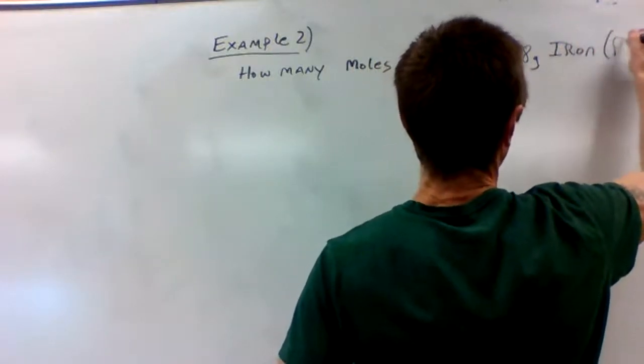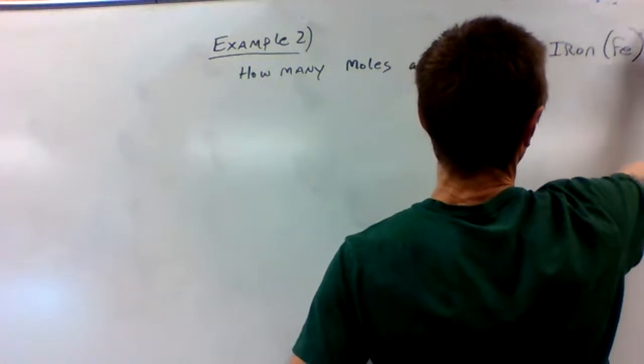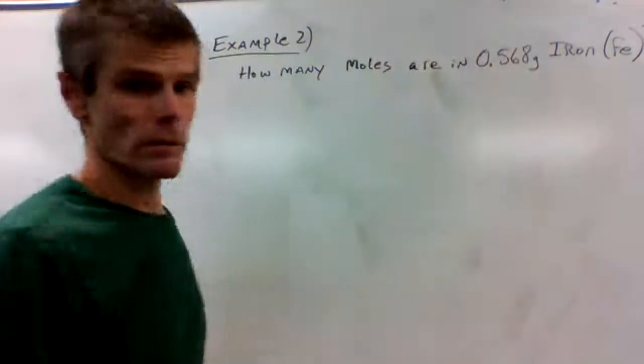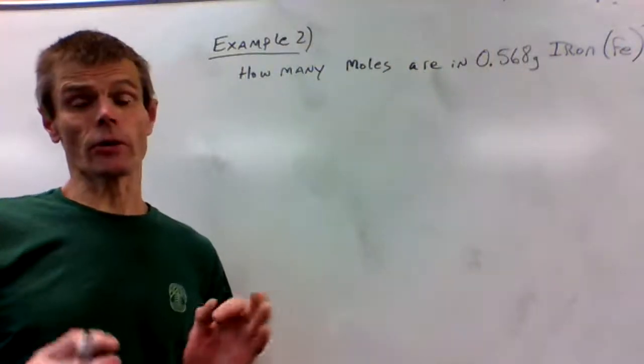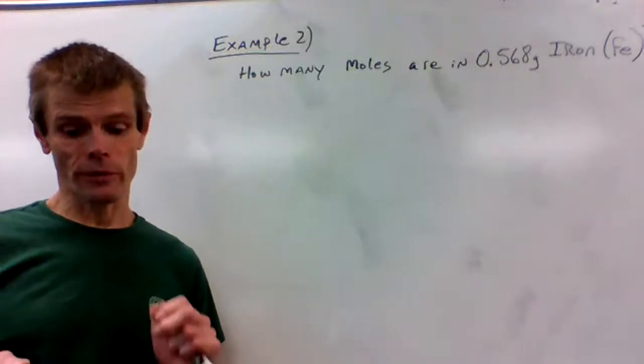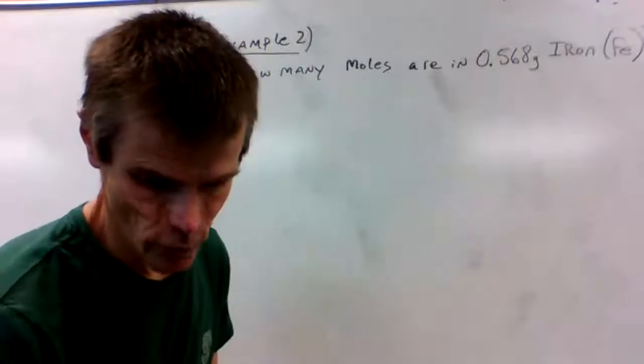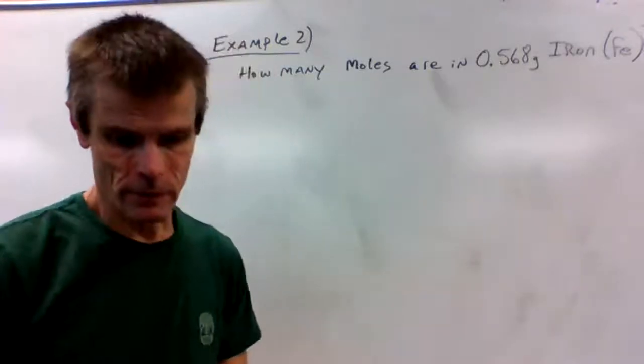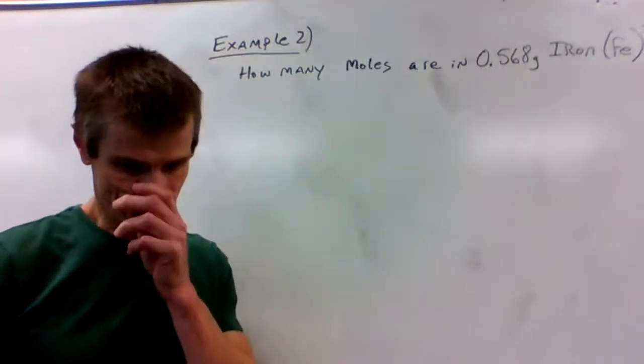And iron has an elemental symbol of Fe. You can stop the video and try the problem on your own, but I'm going to go through the problem-solving strategy. So if you want to stop it and try it, go ahead and stop now.